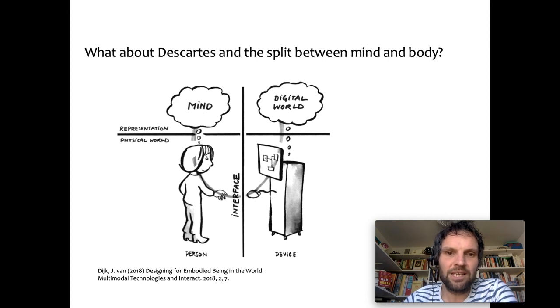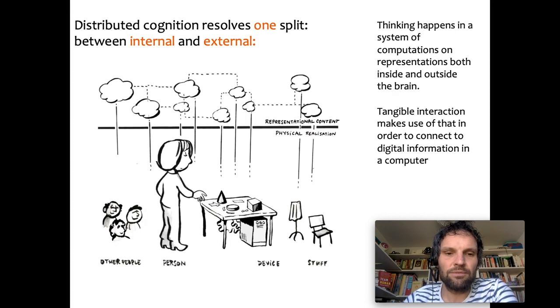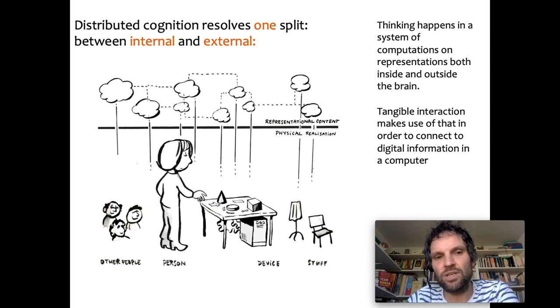So you could say that we have resolved the split between the human and the external world, and we say that if a person is solving a cognitive problem, they are using the external world, objects, as well as other people in the way that Ed Hutchins talks about it. So remember this: the people on the naval ship. It's just a bunch of people and tools together forming one big cognitive system.